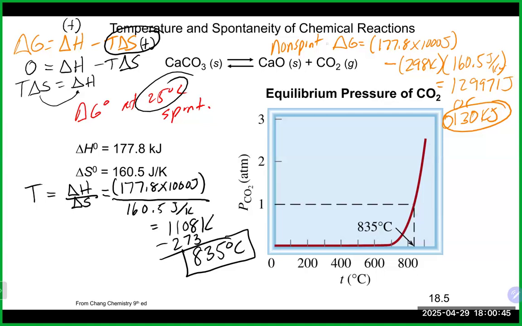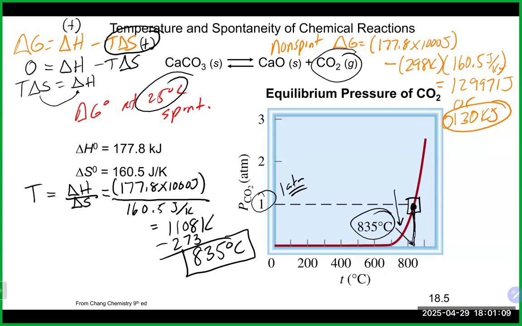Now, if you look at the graph, that's what we see here. This is the pressure of CO2, and we can see right there at 835, we actually get some pressure happening. Now, you may say, don't we get pressure before that? And the answer is yes, but it's at 835 that we hit 1 atmosphere. And 1 atmosphere is standard pressure.